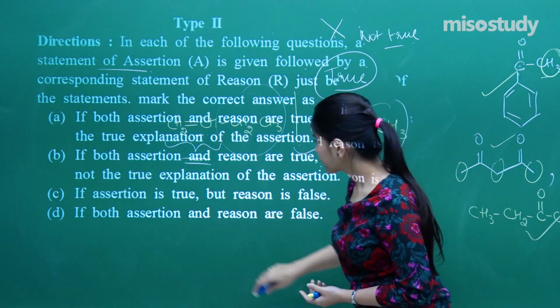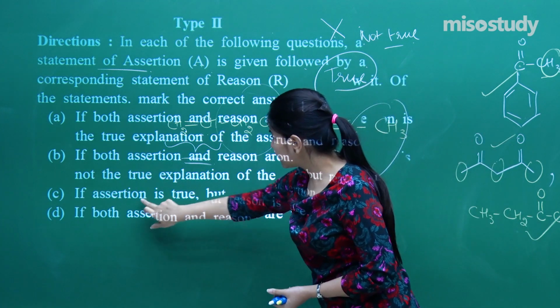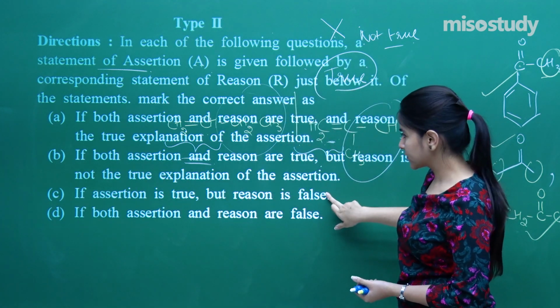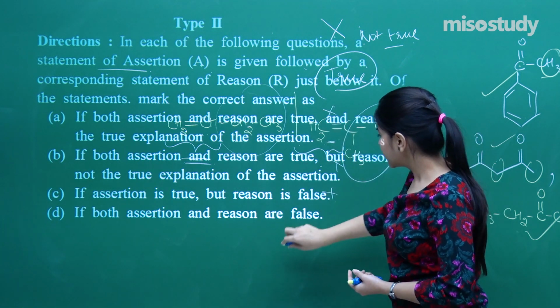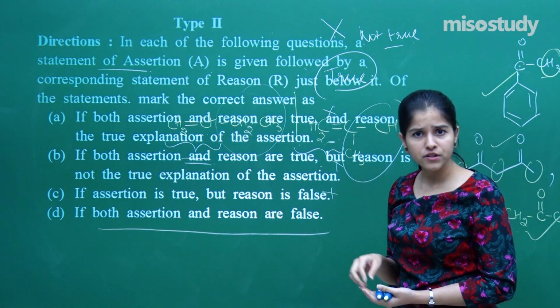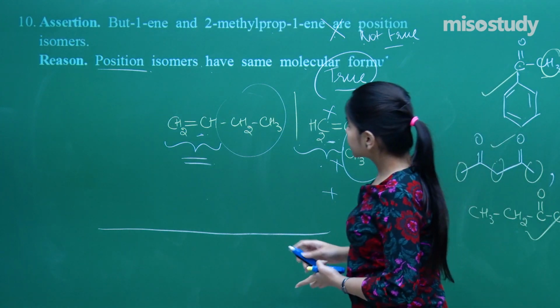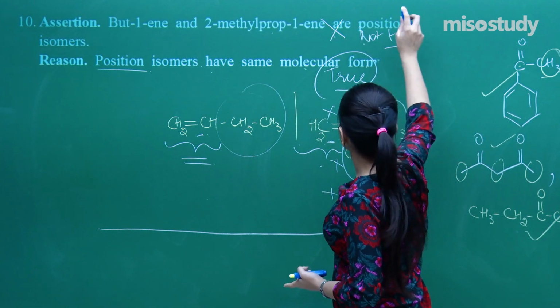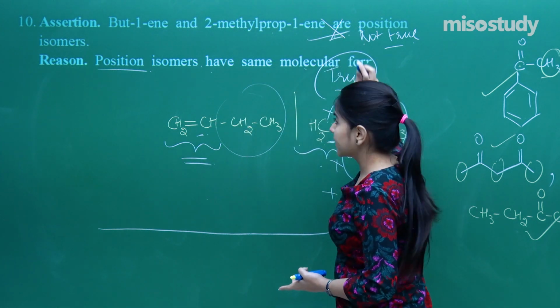That means, if assertion is true but reason is false, this cannot be, and this cannot be. And over here, if both assertion and reason are false, let us recheck our question. It says but-1-ene and 2-methylprop-1-ene are position isomers. We have got this statement incorrect.